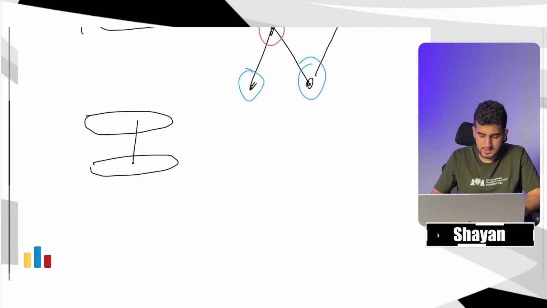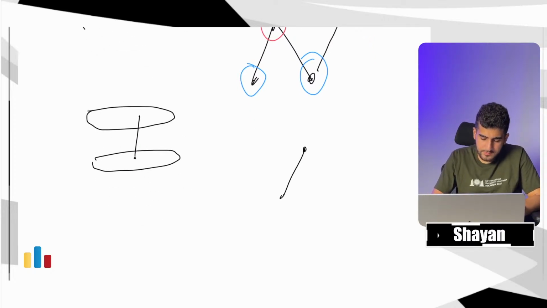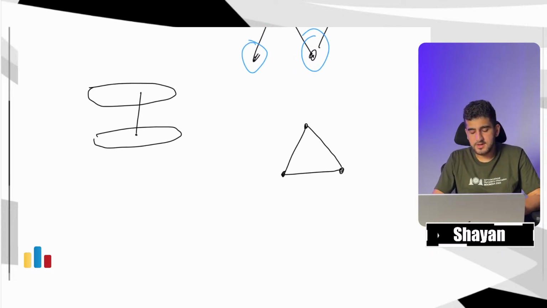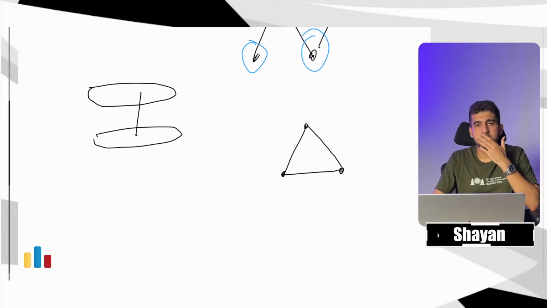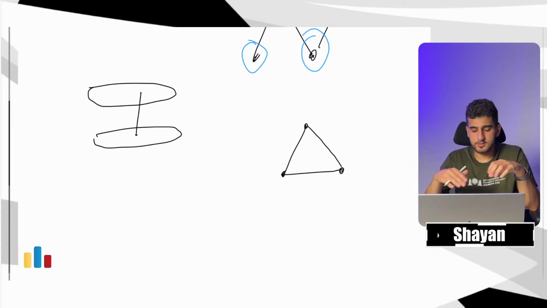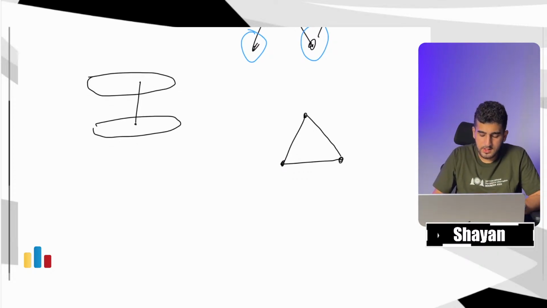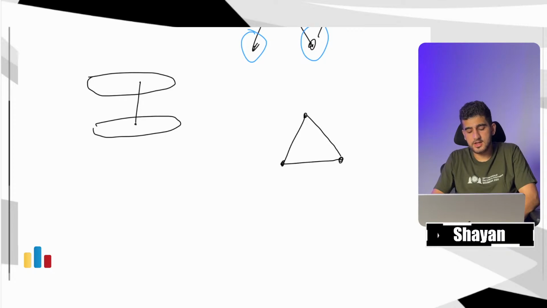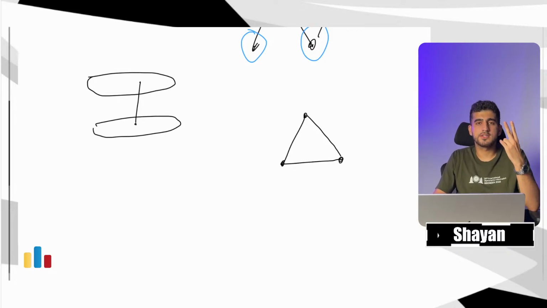For instance, this triangle's vertices can in no way be split into two parts such that each vertex has edges to the other part. Because in any way that you assign colors to these three vertices, you have two colors, or two parts, and you have three vertices.